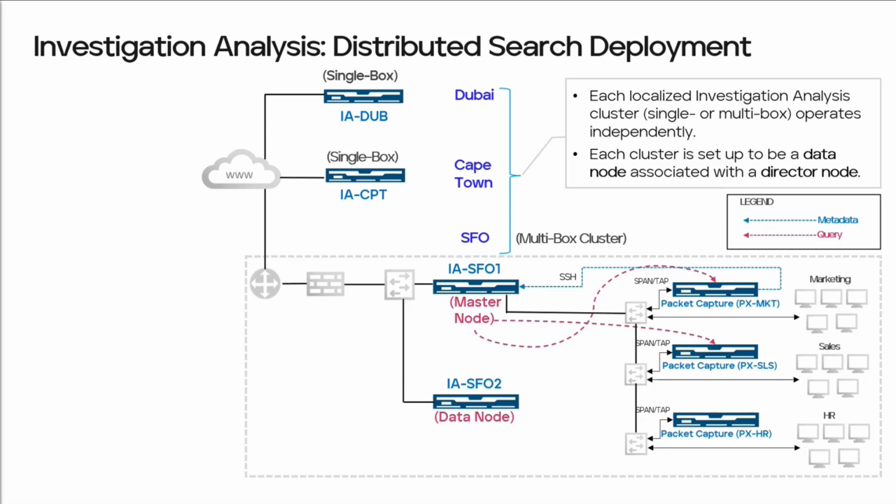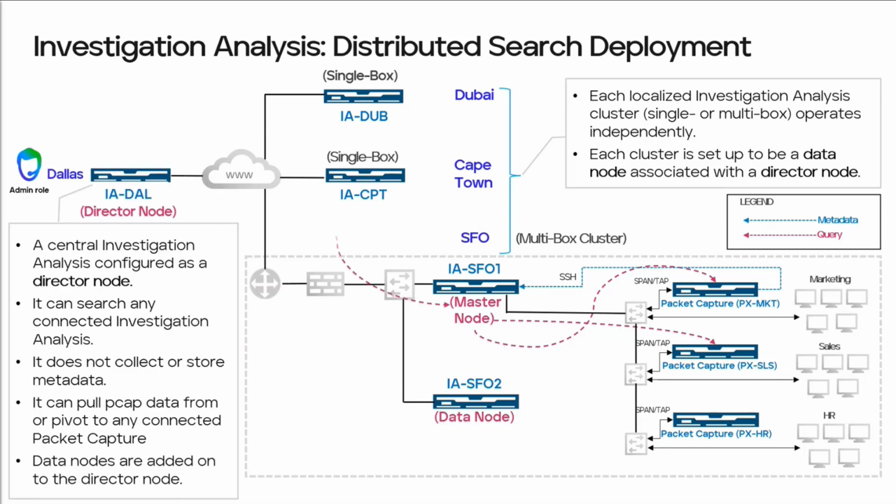But in order to manage all of the different IA systems and to have an overview and to be able to access packet capture systems on the entire network, we introduce the concept of a director node. So the director node, shown as IA Dallas, is a centrally located investigation analysis system that is either converted from a single box investigation analysis or set up as such.